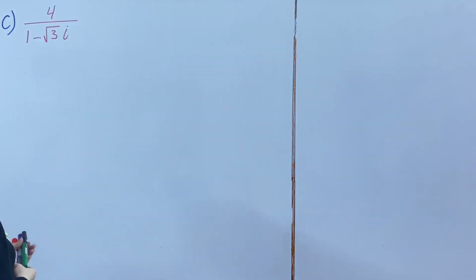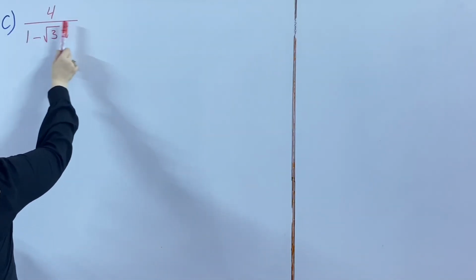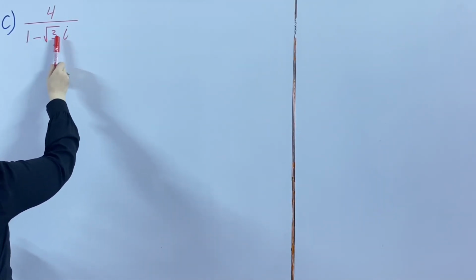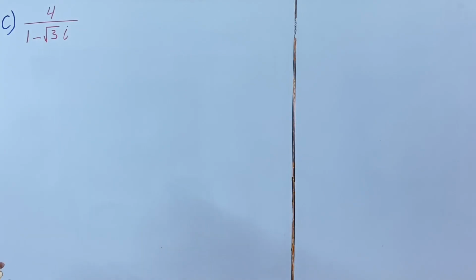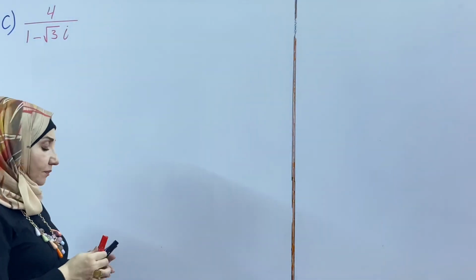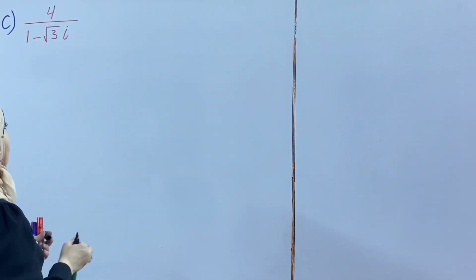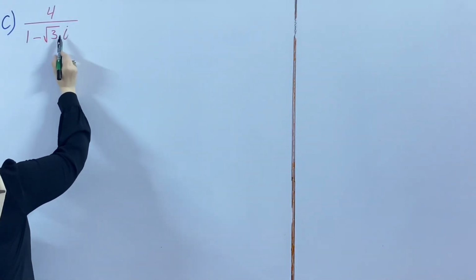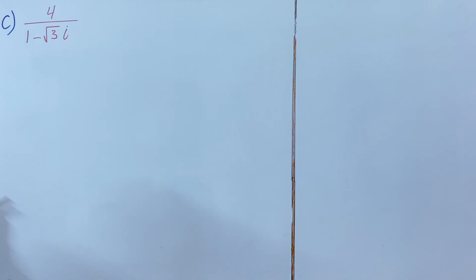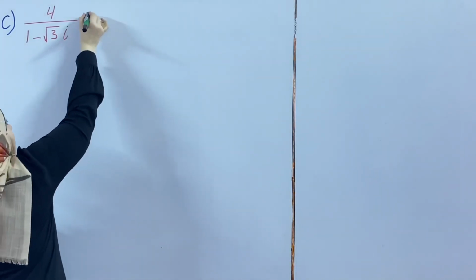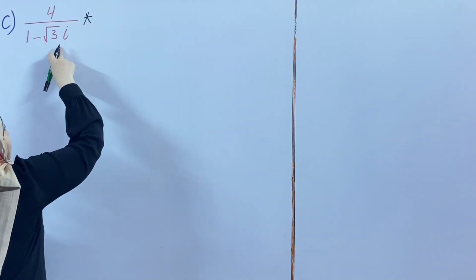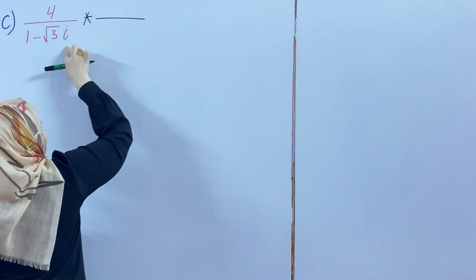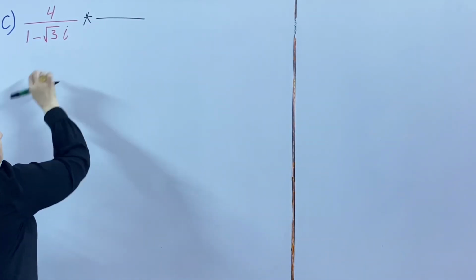The complex number is 4 on 1 minus square root of 3i. Here we have a fraction. So I can simplify it to get a complex number in the normal form. So how can I simplify it? Because I see that we have i in the denominator, we will multiply the numerator and the denominator by the conjugate of the denominator.